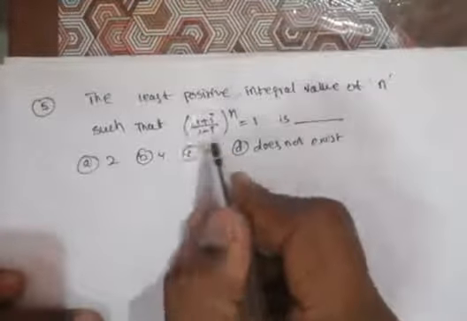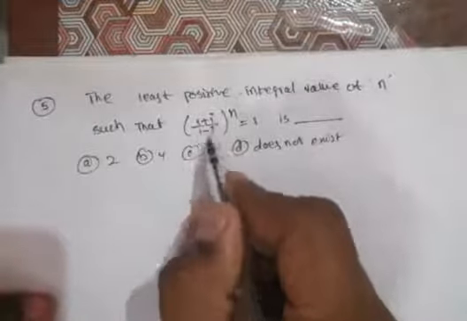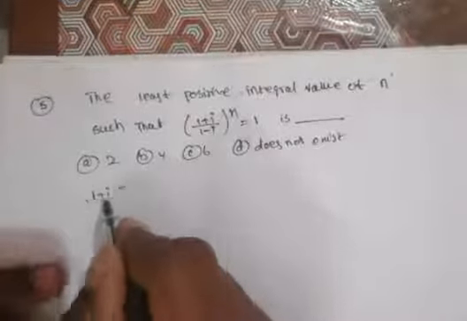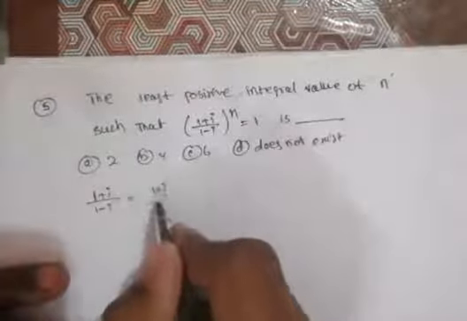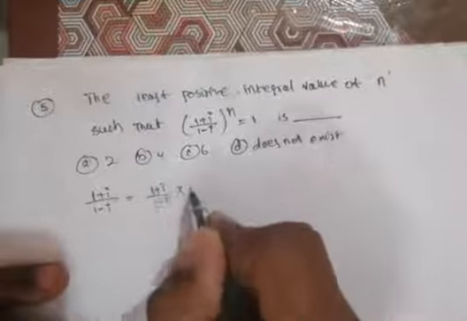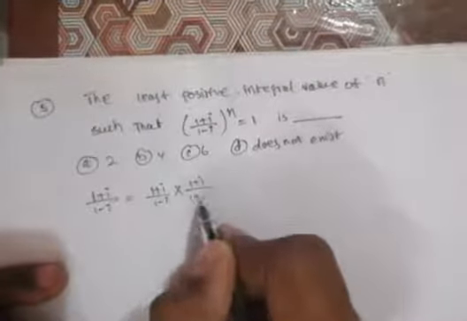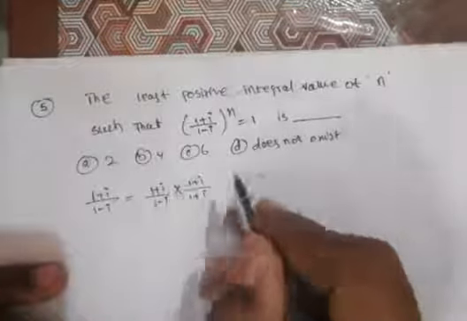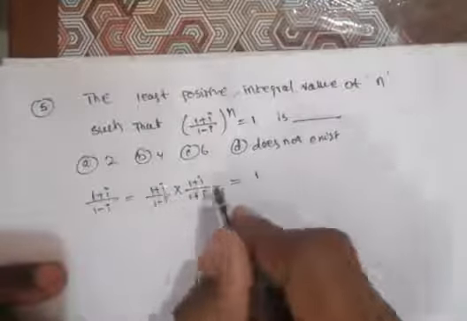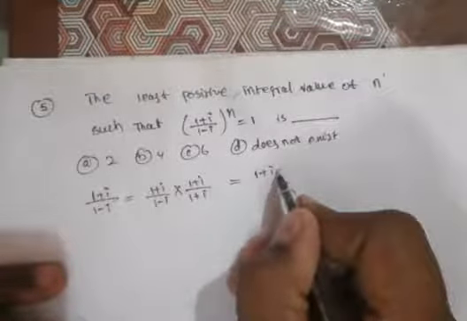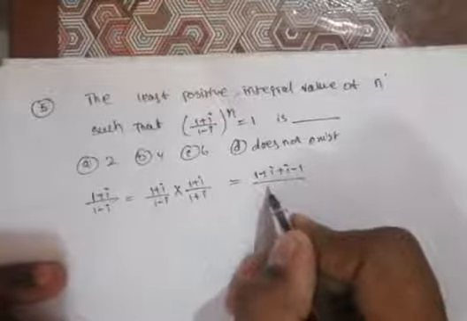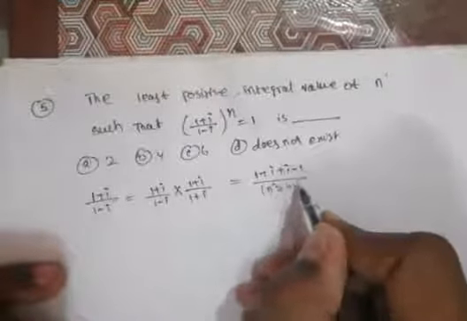Whenever a problem like this appears, you have to take the inside value first: 1 plus i by 1 minus i. First you have to rationalize this part: 1 plus i by 1 minus i into 1 plus i by 1 plus i. Then you can multiply this: 1 into 1, 1. Here i again plus i square minus 1 by 1 square plus 1 square.